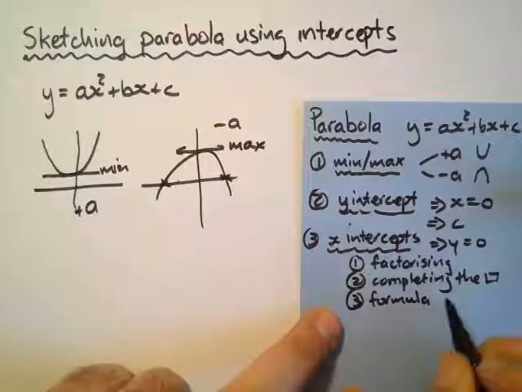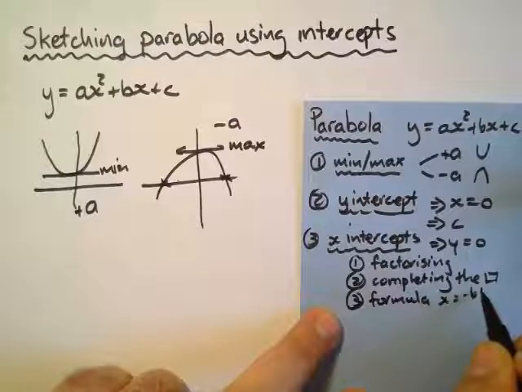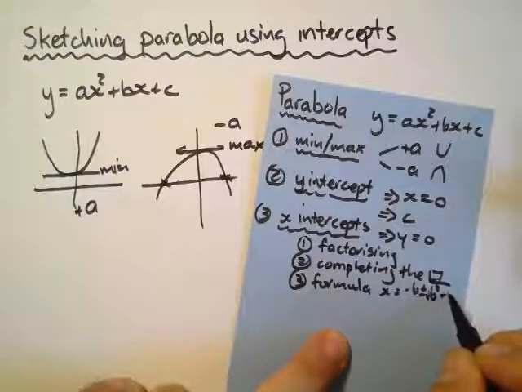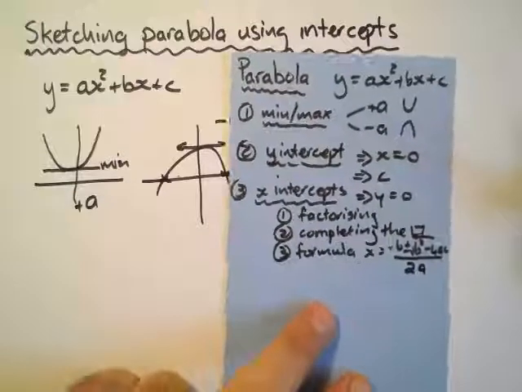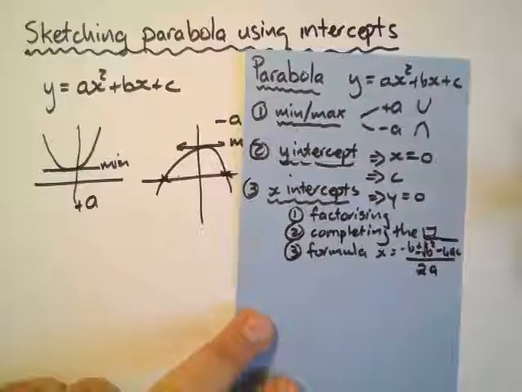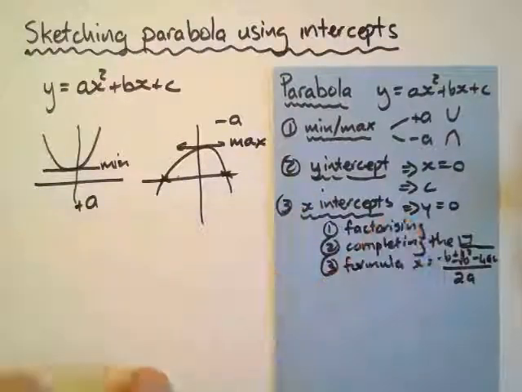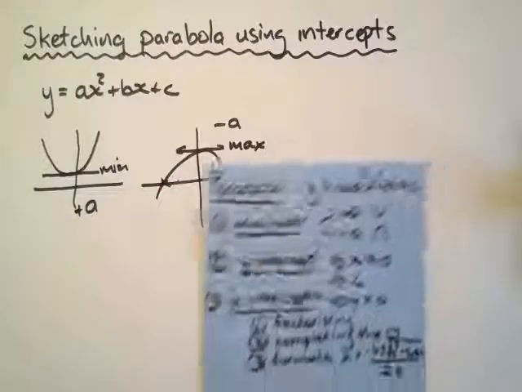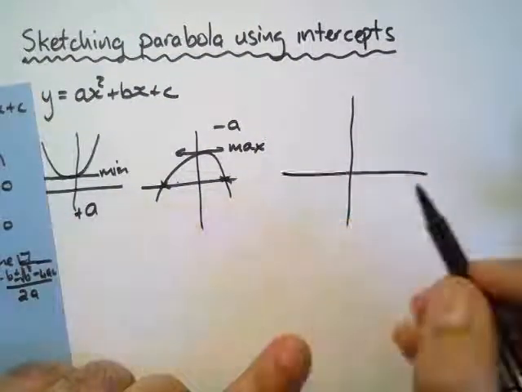And this formula you should know: x equals minus b plus or minus the square root of b squared minus 4ac, divided by 2a. That formula you need to know by heart. So those are the three ways that I can find the x-intercept when y equals 0. Let me quickly explain that before we go on. What you need to remember is the following.